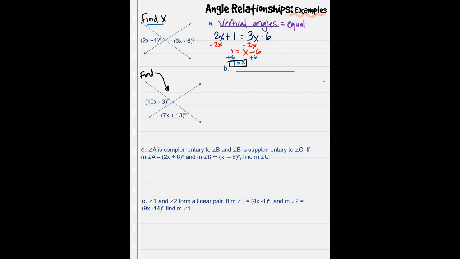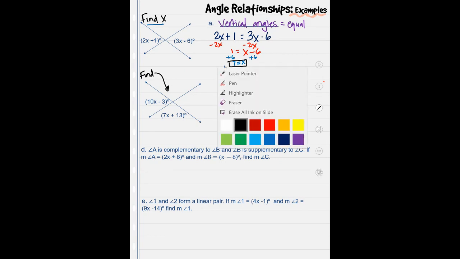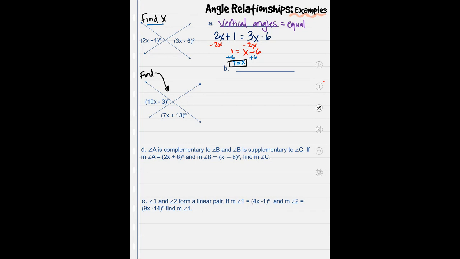So let's look at what relationship this angle has to any other angle. Well, we got a couple, right? So we got vertical angles here. So that means that they're equal, but we still can't find x and find our degrees just going off of that.